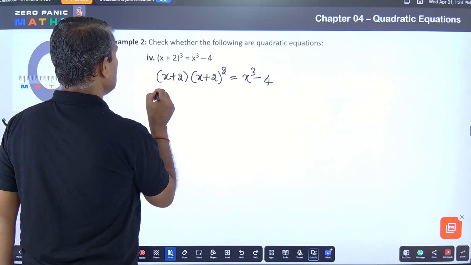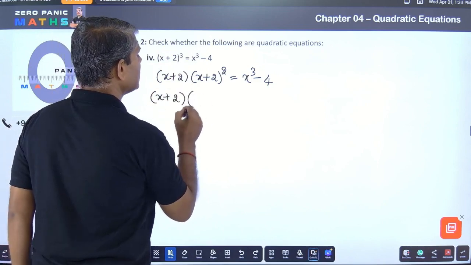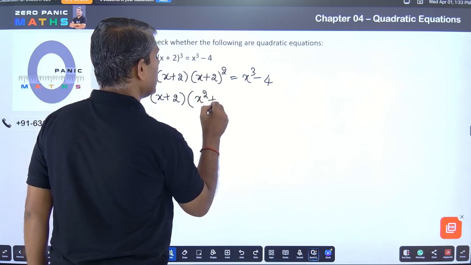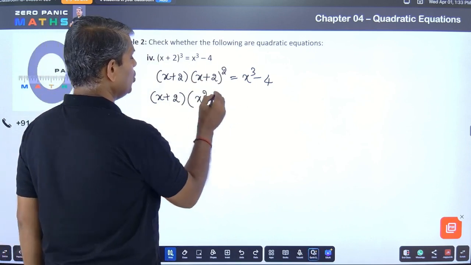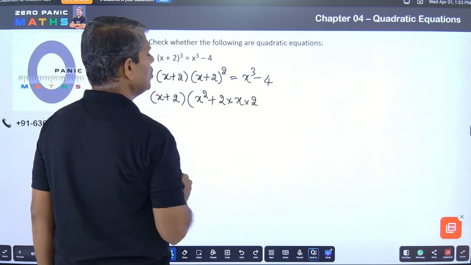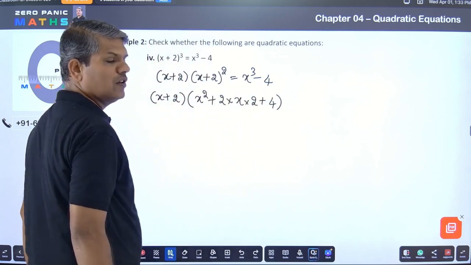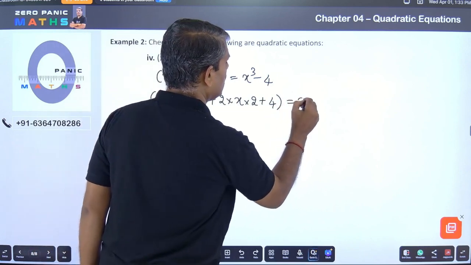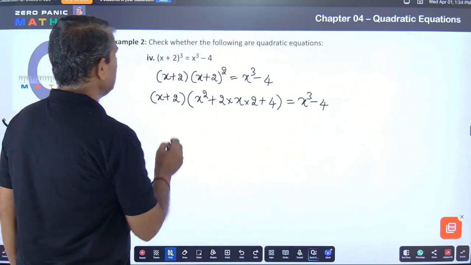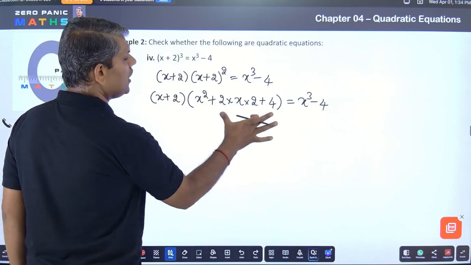So let me write this x plus 2 whole square as a plus b whole square, that is a square plus 2ab plus b square. Here a is x and b is 2, and b square is 2 square, which I write as 4, is equal to x cube minus 4. Right, now it is x into the whole term plus 2 into the whole term.